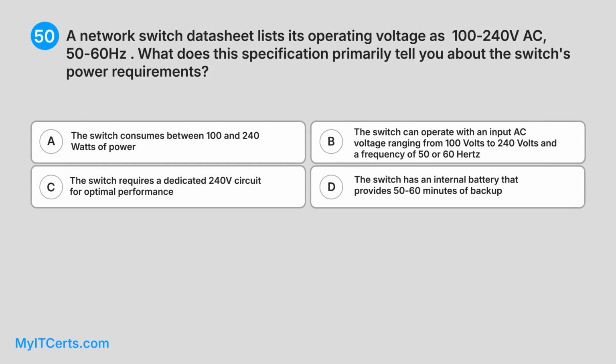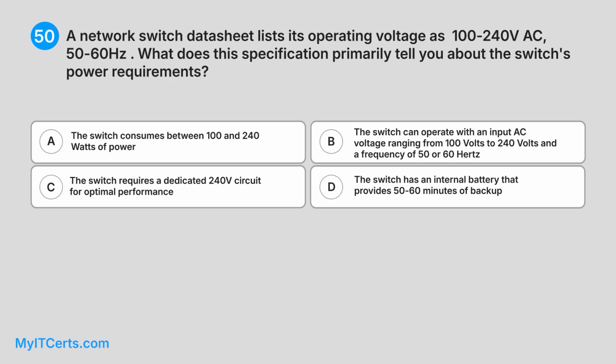50. A network switch datasheet lists its operating voltage as 100-240V AC, 50-60 Hz. What does this specification primarily tell you about the switch's power requirements? A. The switch consumes between 100 and 240 watts of power.